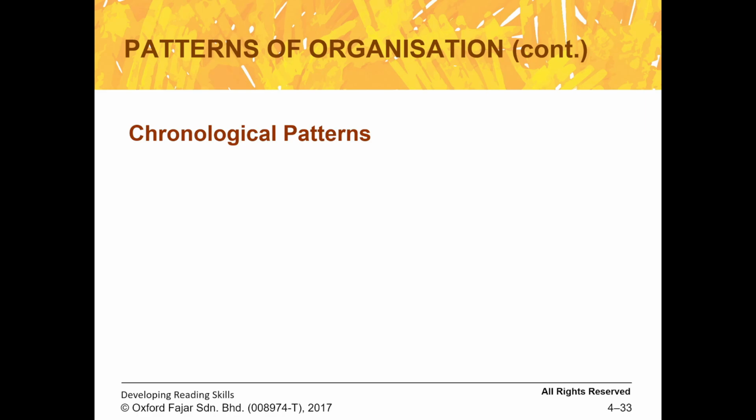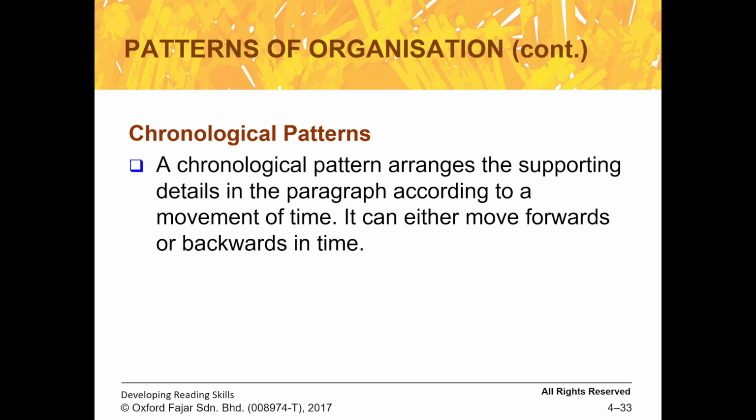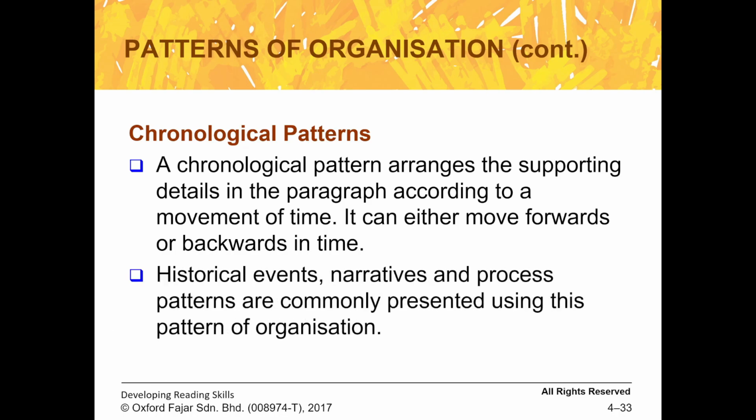And then we have chronological patterns. Chronological patterns arrange supporting details in a paragraph according to a movement of time. You can either move forwards or backward in time. So historical events, narratives and process patterns are commonly presented using this pattern of organization. The patterns that we have discussed just now are actually under chronological patterns.